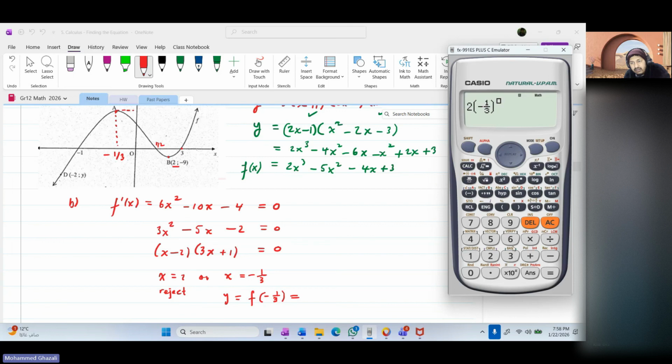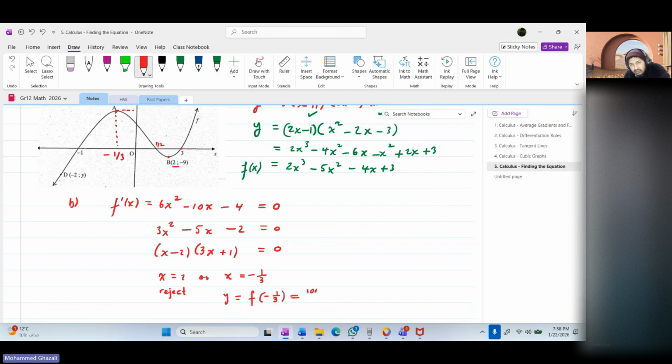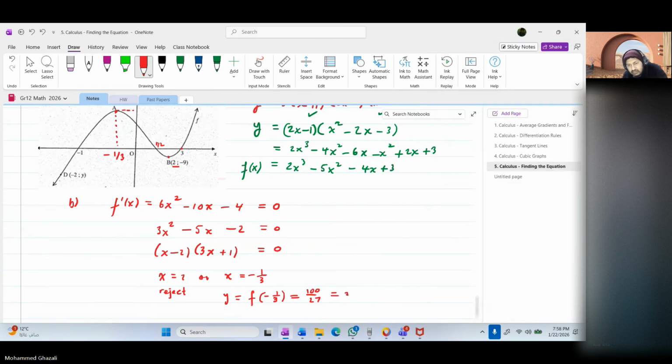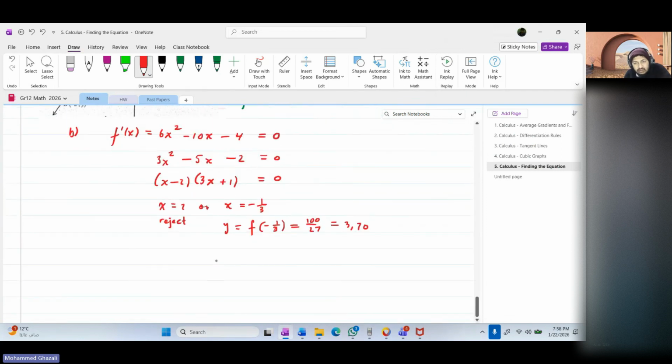To the power 3 minus 5 into negative 1/3 to the power 2 minus 4 times negative 1/3, right? Plus 3. So I'm getting an answer of 100 over 27, which looks right because it's a positive y value. 100 divided by 27 is better to write in decimal, 3.70. So the coordinate of A is negative 1/3 and 100 over 27.